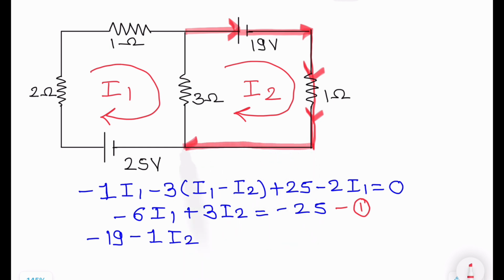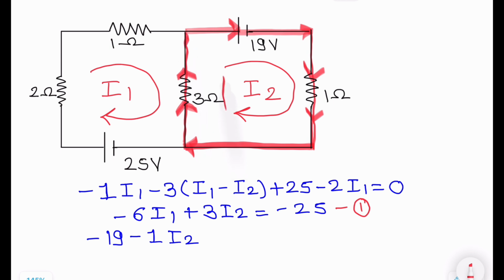There is no component in this particular line, so there will be nothing for this. Now next is very important. When you move like this it will become minus 3 (I2 minus I1). Now why I2 minus I1?